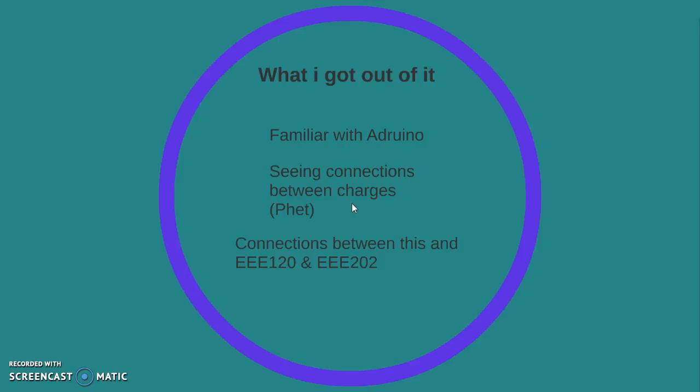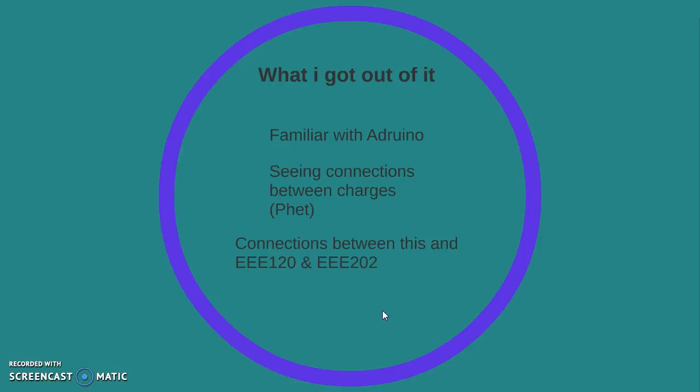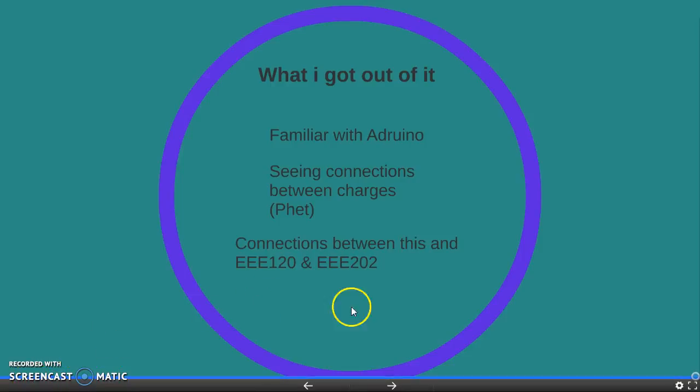Really helps me get a grasp on these other classes. In Circuits, we actually learn how to calculate resistance and current and voltage through these circuits. I love how this semester all my classes coincide together. It's really nice to see.